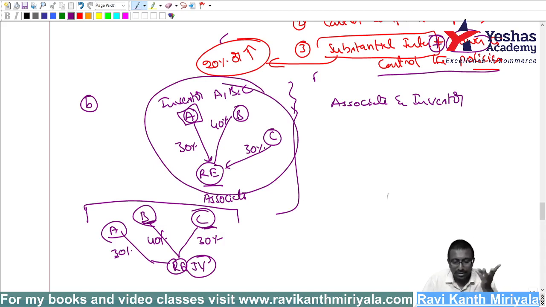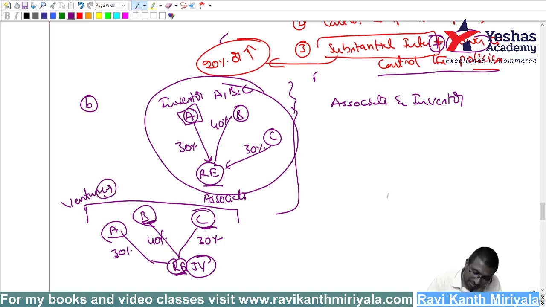If AB or AC or BC join hands, they can pass the resolution. But in a joint venture, everybody in the joint agreement has to accept it. Then I will call these guys venturers.